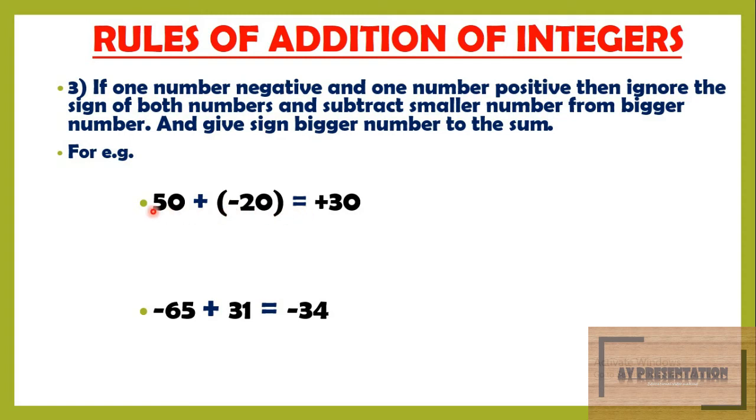So one number is positive and one number is negative. Then the smaller number is subtracted from the bigger number. So 50 minus 20 is 30. And in this example, the bigger number is 50 and the bigger number is positive. Then the sum is positive.